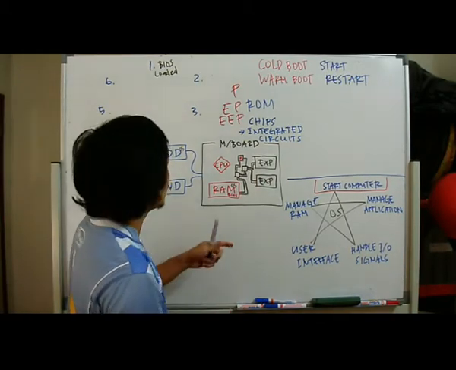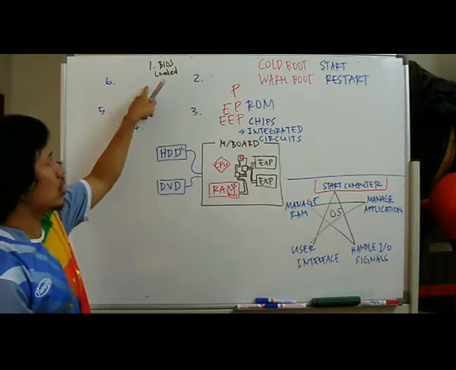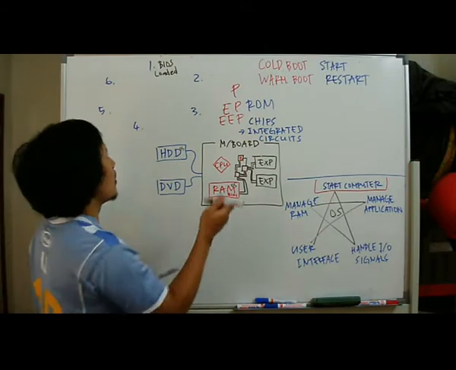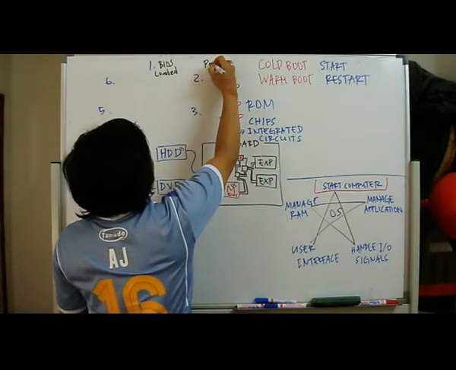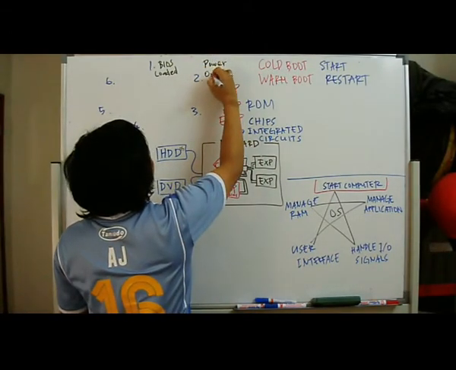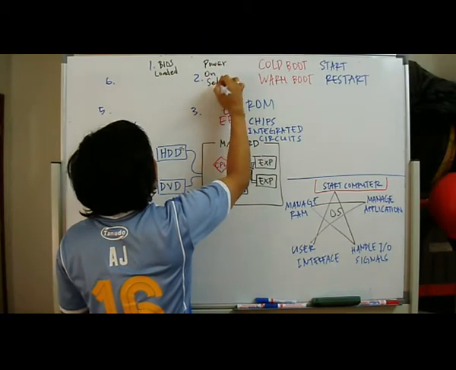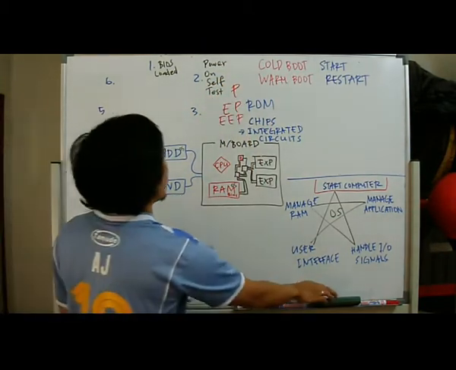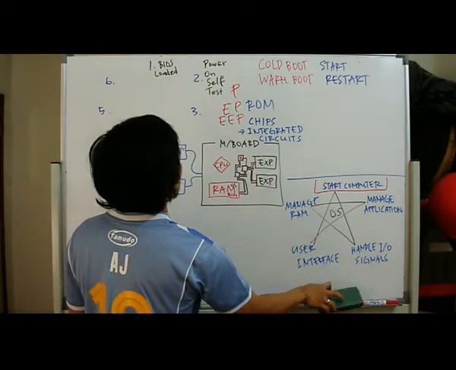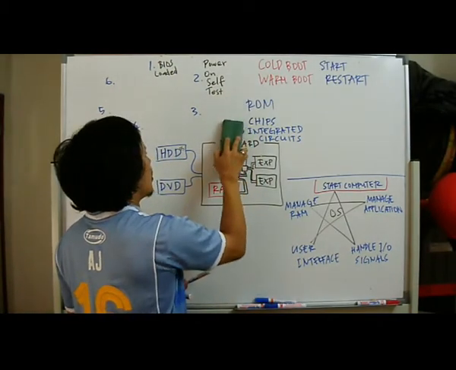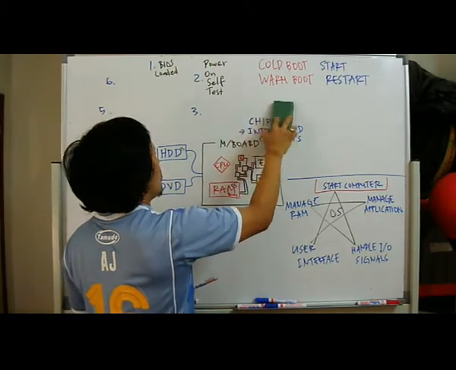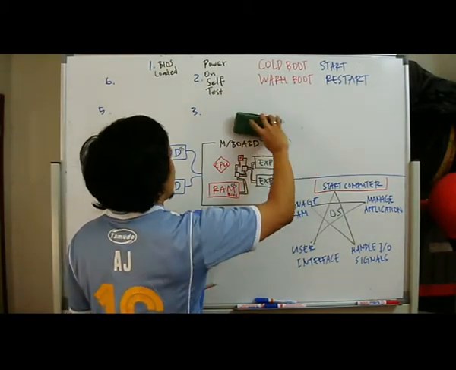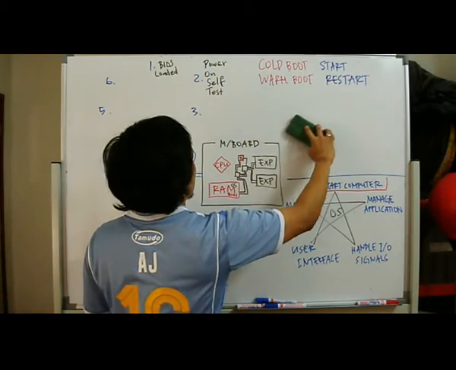So what does BIOS do? Once BIOS is loaded, which is the first step in booting, BIOS will perform the power on self test or POST, right? I'll just get rid of all these little red letters so that we can see the top part clearly.